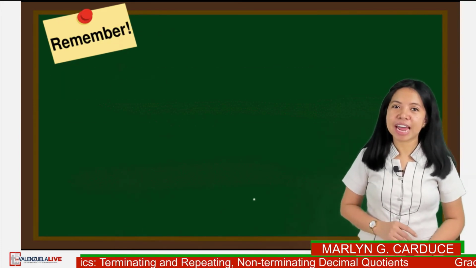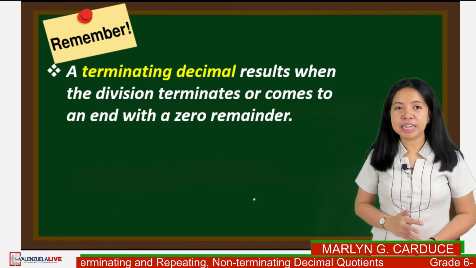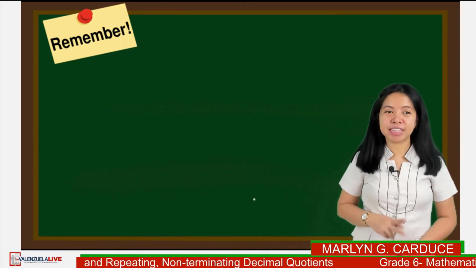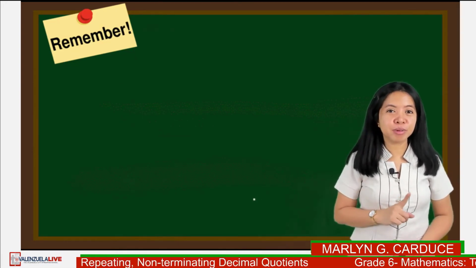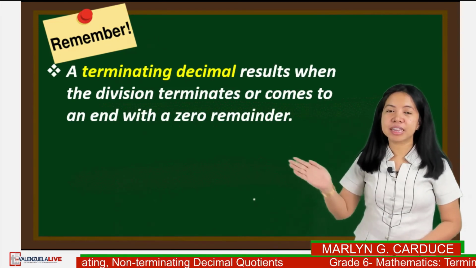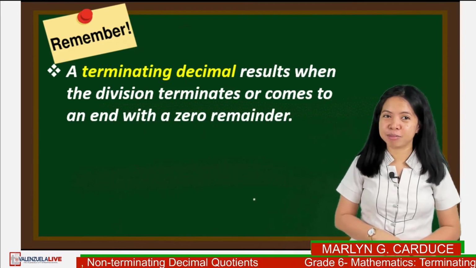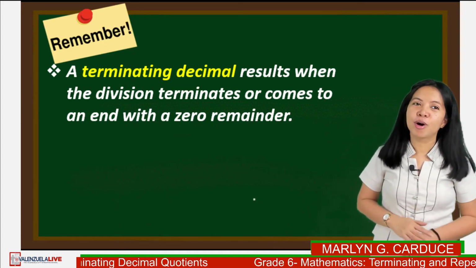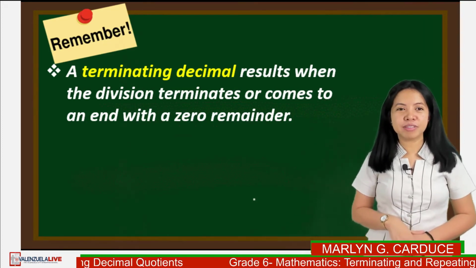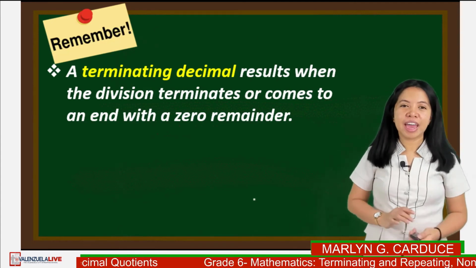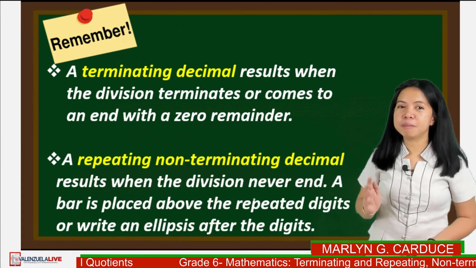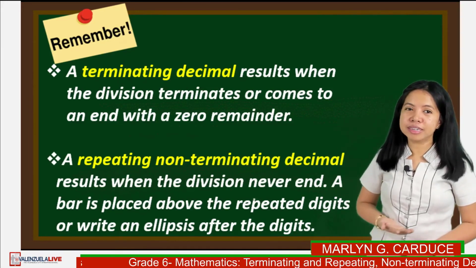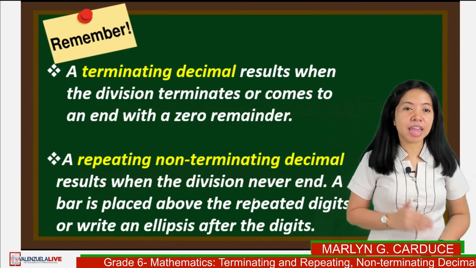Okay, you remember, class, decimal quotients can be classified into 2. The first one we call a terminating decimal, which results when the division terminates or comes to an end with a zero remainder. And another type is a repeating non-terminating decimal, which results when the division never ends.